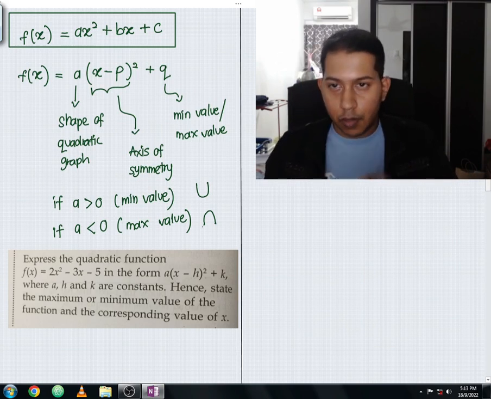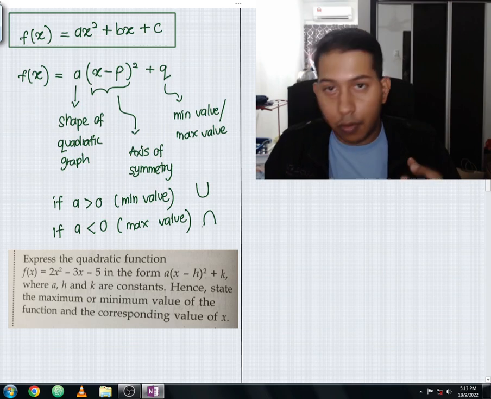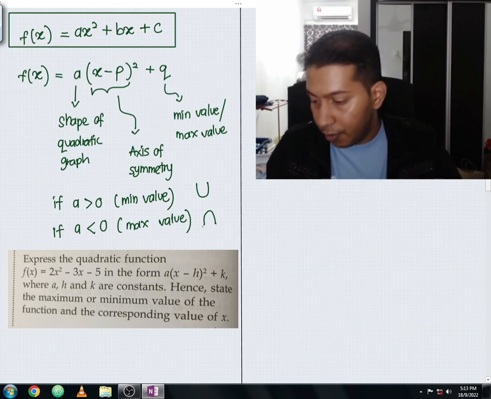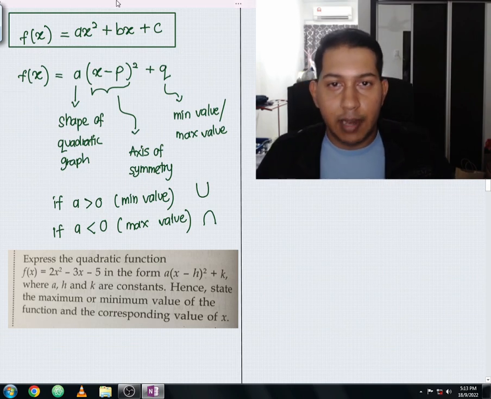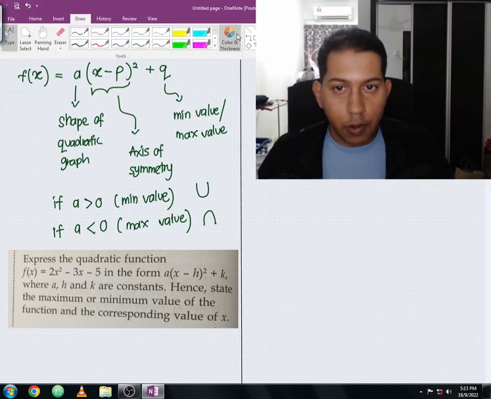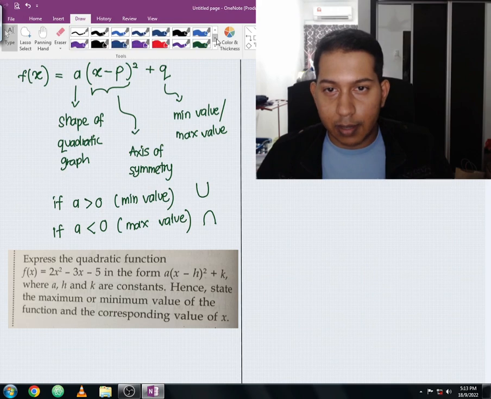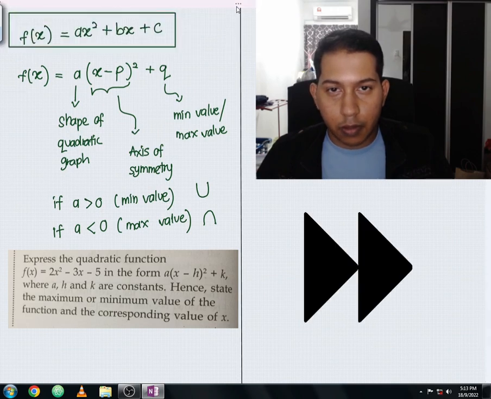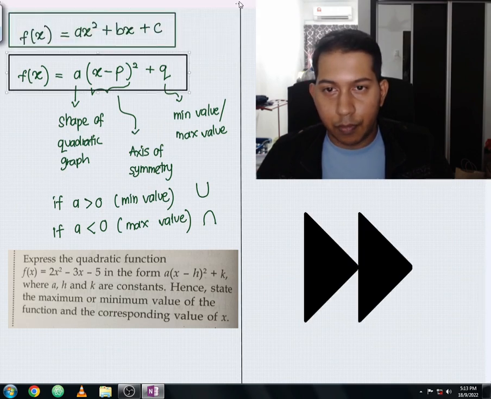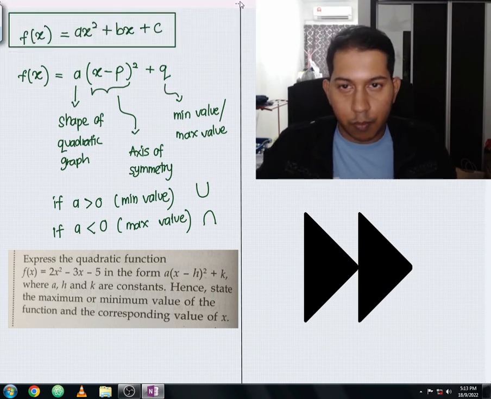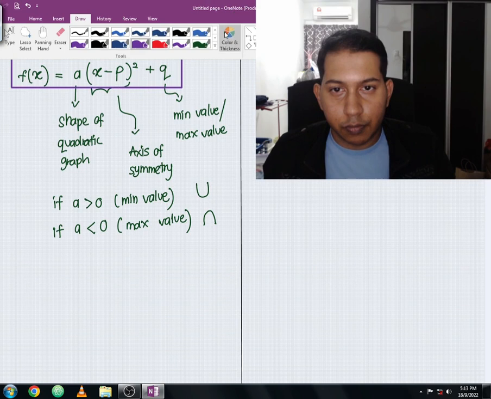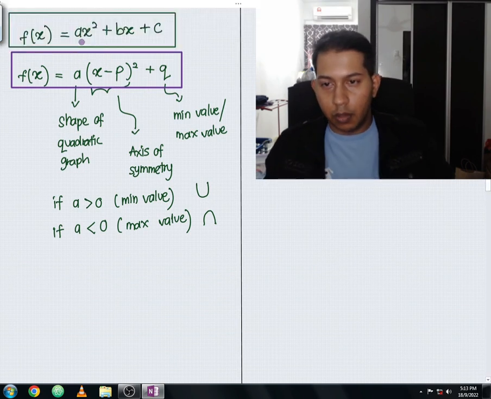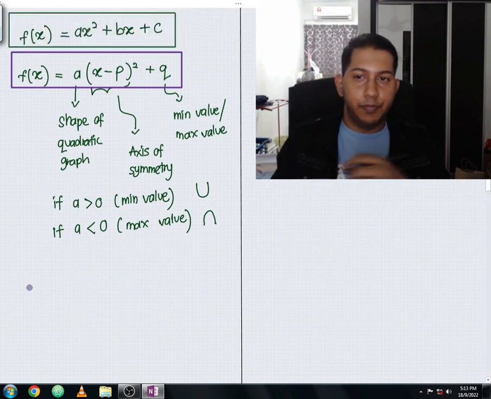So they already give us the quadratic function, and we are required to come up with this form. By the way, let me box this as well, because you're going to use it a lot in this subtopic. So let us begin our exercise.